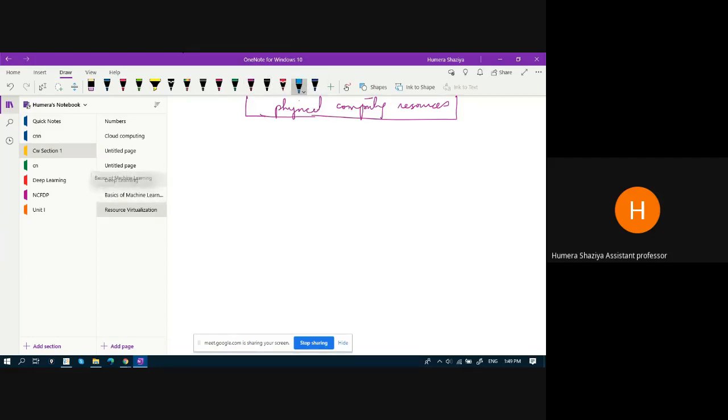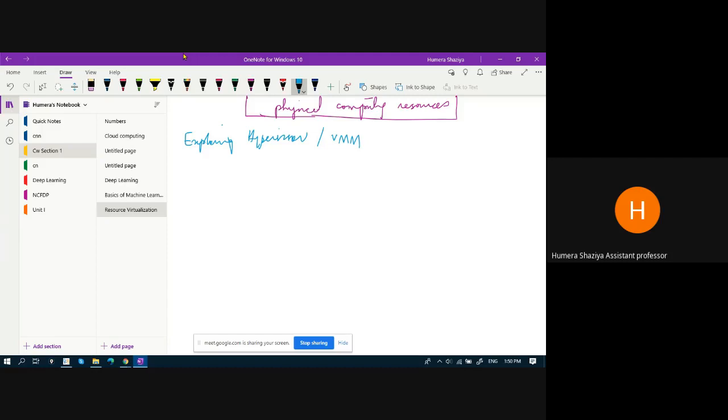Next one is the hypervisor or virtual machine monitor. We will now explore hypervisor based virtualization approaches. This presents a virtual operating platform to the guest system, and it monitors and manages the execution of the guest system.